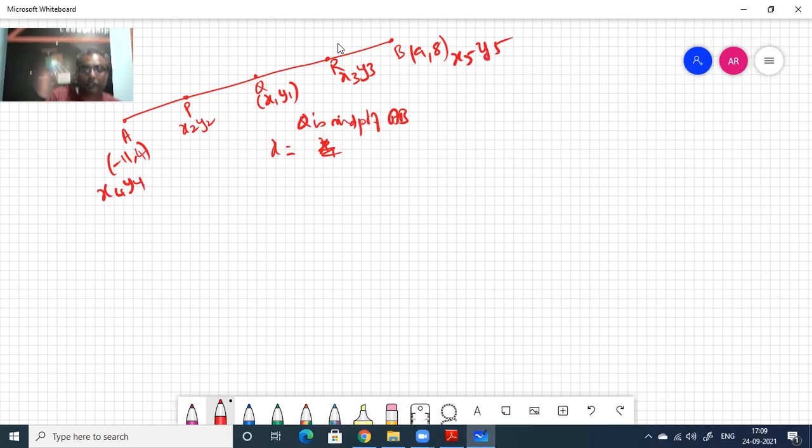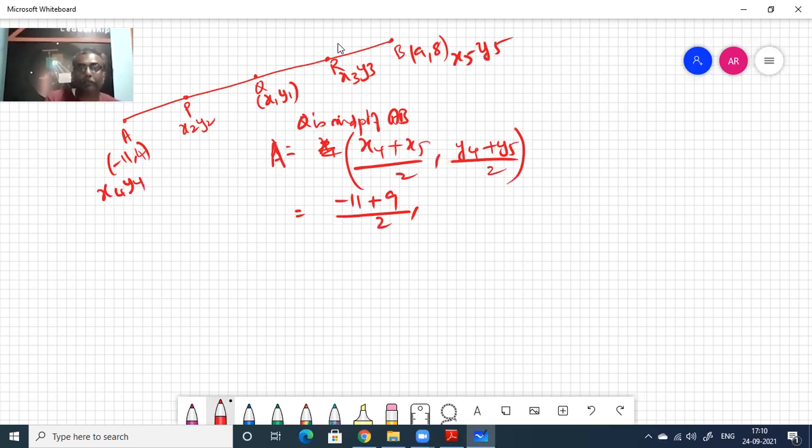So the midpoint is x4 plus x5 by 2, comma y4 plus y5 by 2. x4 is minus 11, x5 is 9, by 2, comma y4 plus y5, 4 plus 8 by 2. So that is equal to minus 11 plus 9, minus 2 by 2, comma 12 by 2, which becomes minus 1, comma 6.